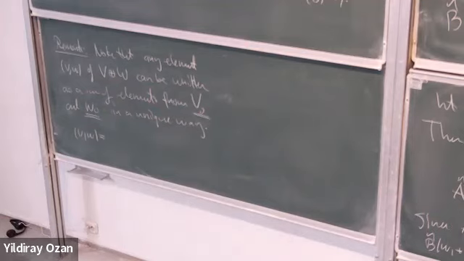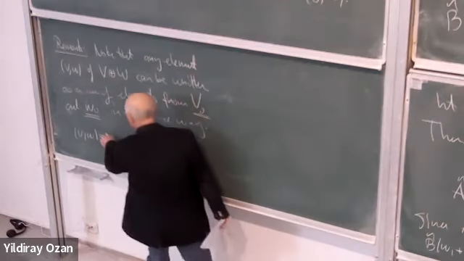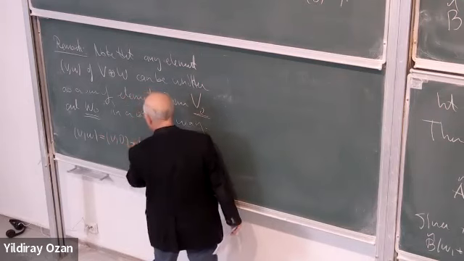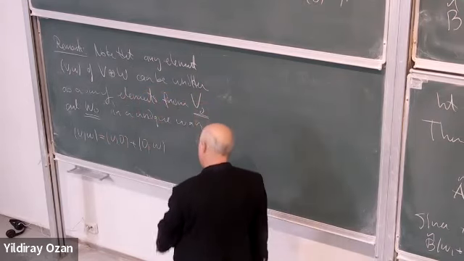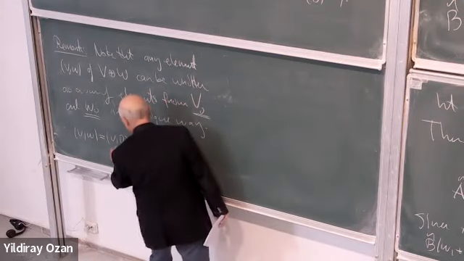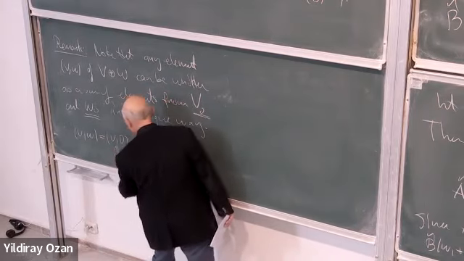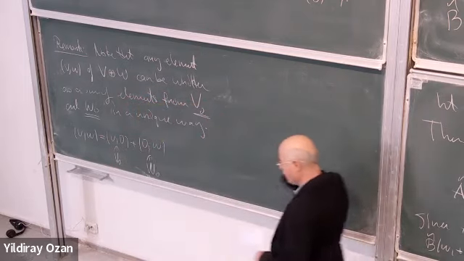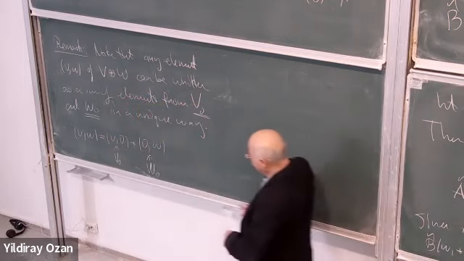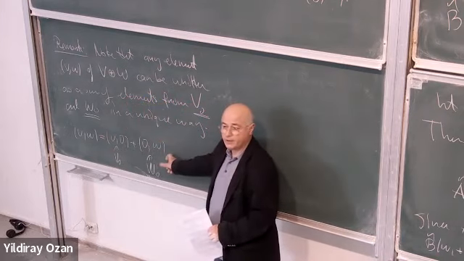Because V0 is just the set of elements V comma 0 and W0 are the elements 0 comma W. I can write this, of course, as follows: 0 comma this, V comma 0 and 0 comma W. This is in V0 and this is in W0. And this is unique, right?